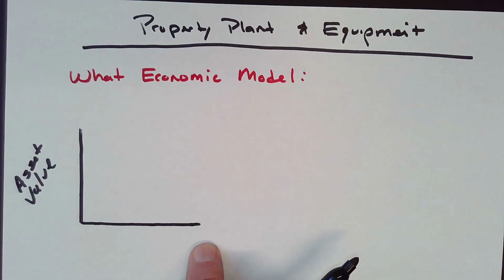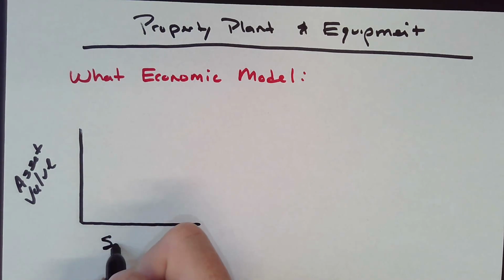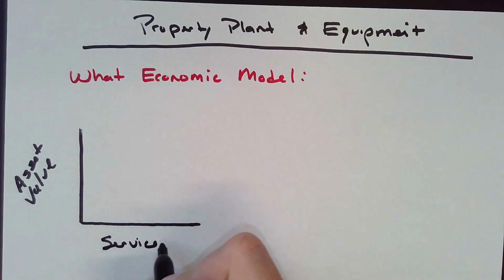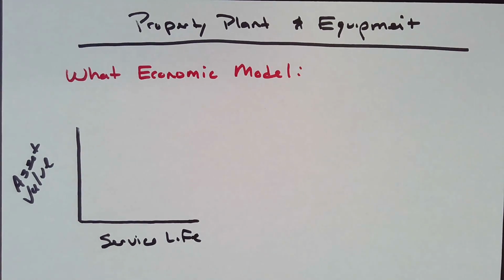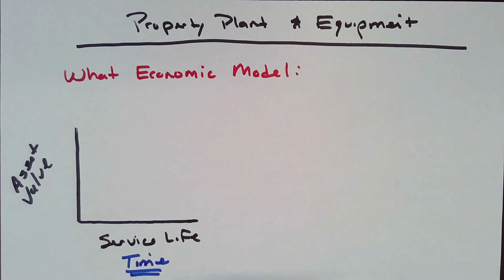On the x-axis, we're going to use whatever we used as our estimated service life. For this example, I'm going to keep it somewhat simple. I'm going to assume it's a time-based service life, so it's based purely on time.